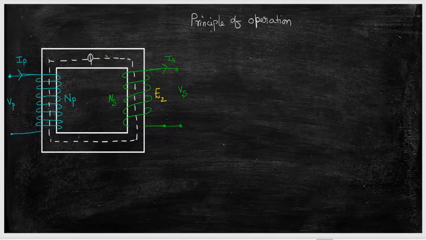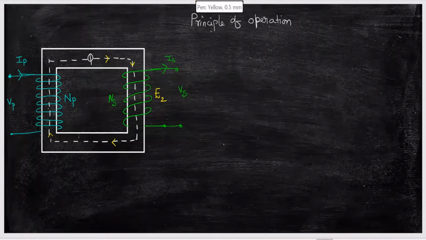See here, suppose this is the flow of flux, the path direction, and the same flux is again coming back and interacting with the NP number of turns. According to Faraday's laws of electromagnetic induction, if flux interacts with turns, again EMF is induced.